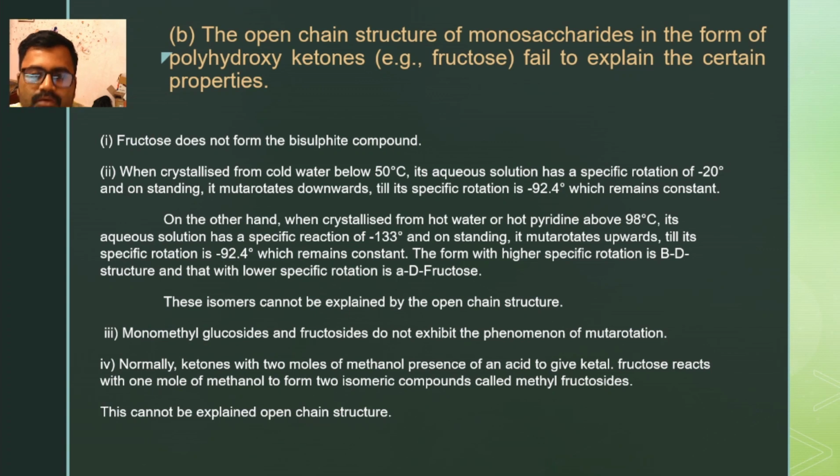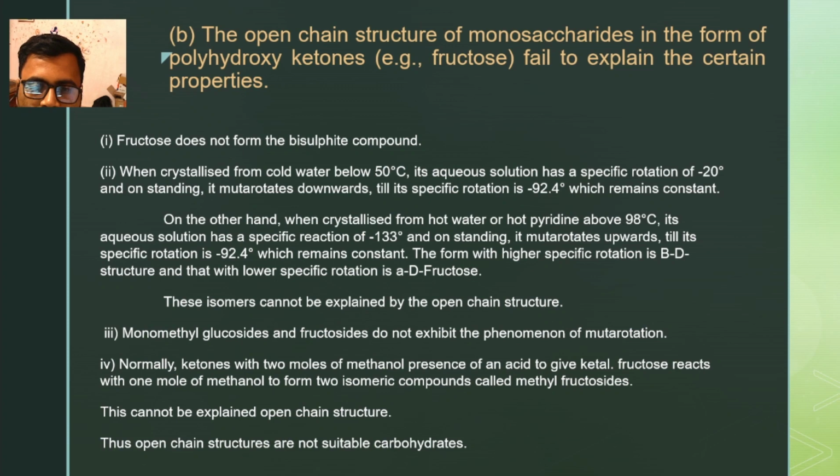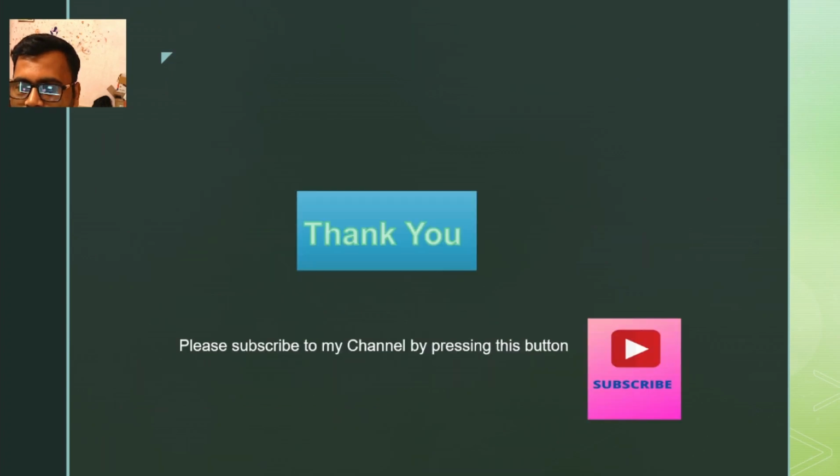So this also cannot be explained by the open chain structure, and therefore open chain structures are not suitable for carbohydrates, that indicates that the monosaccharides or carbohydrates have some other distinguishable structure, or it may be the ring structure. Thank you.